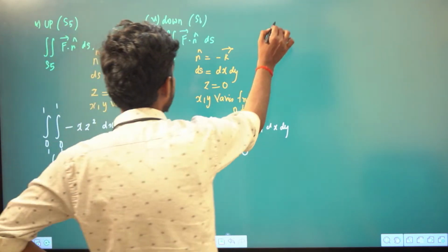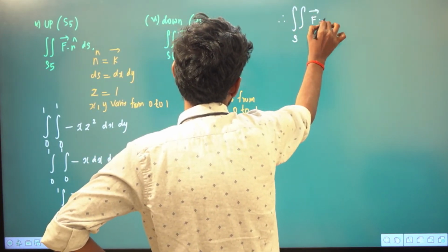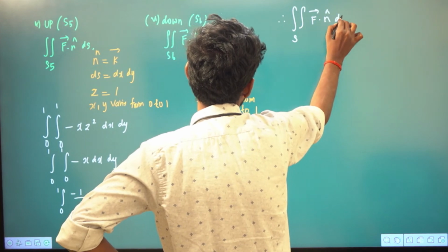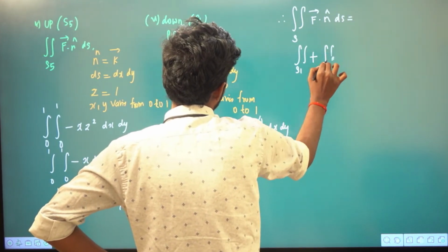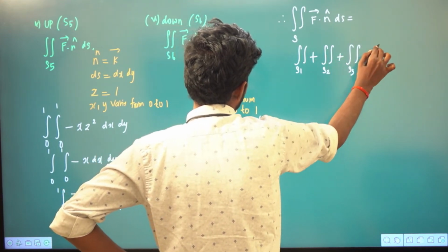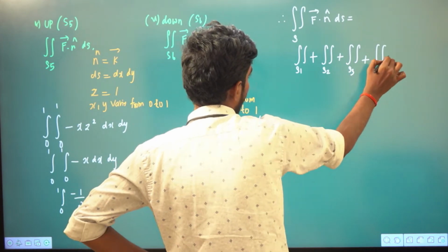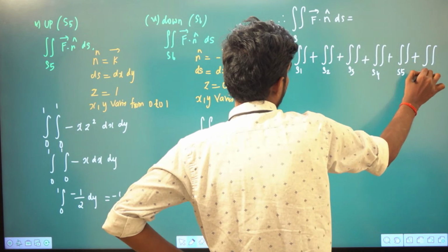Therefore, the double integral over S of F vector dot n cap dS is the same as the double integral over S1, plus S2, plus S3, plus S4, plus S5, plus S6.